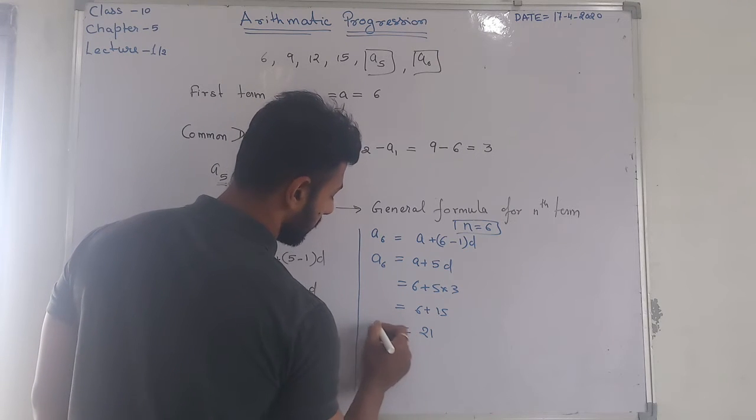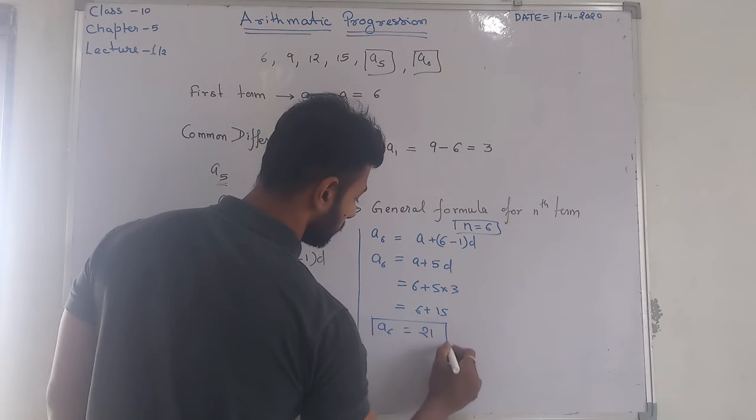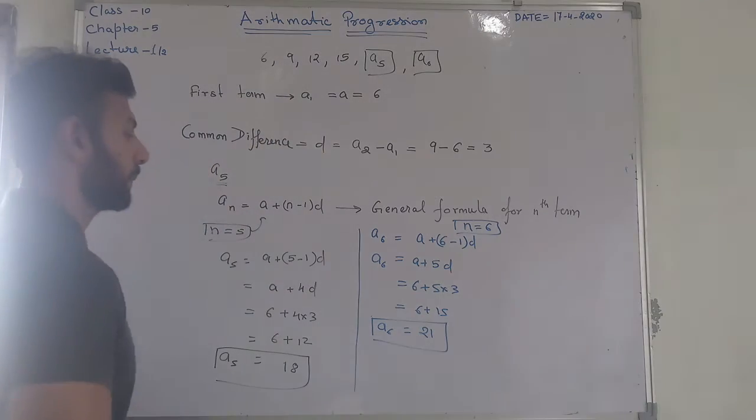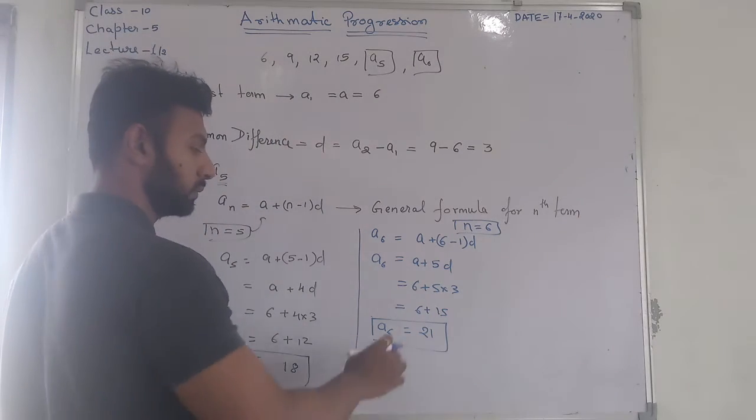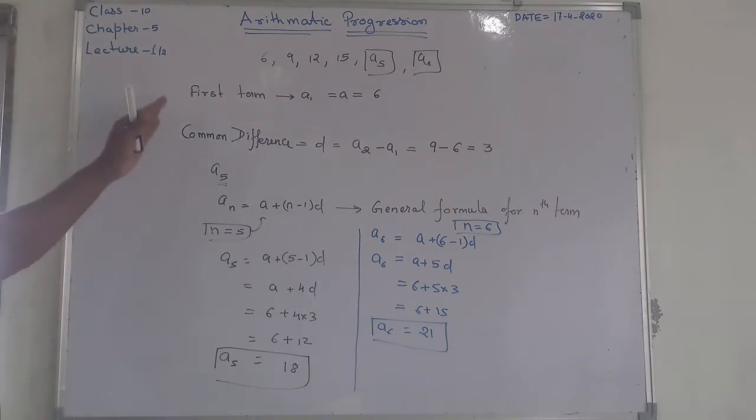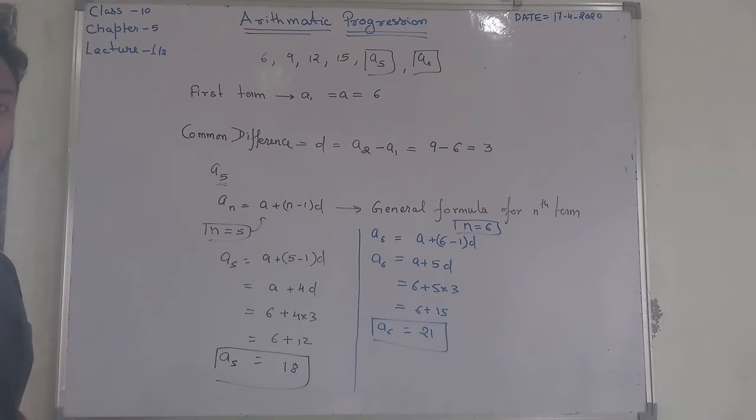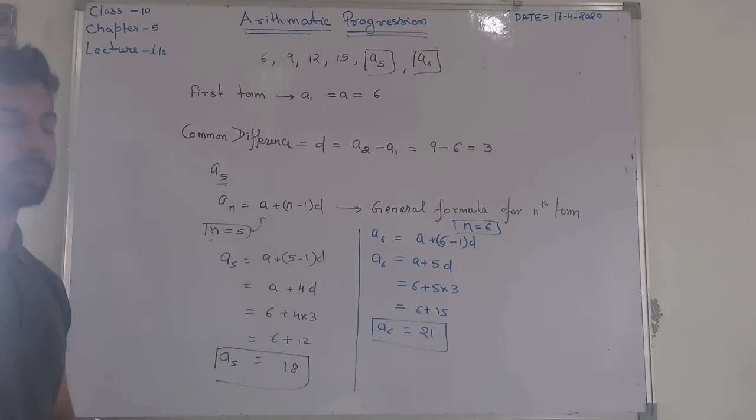So a6 is equal to 21. So in this manner you have to identify the value of a missing term in the arithmetic progression. Let us move to the other kind of problems which come under the arithmetic progression.